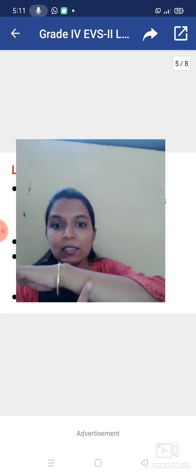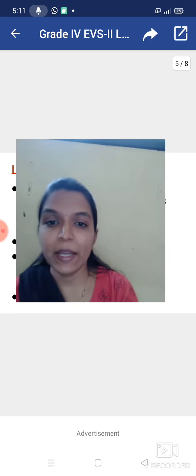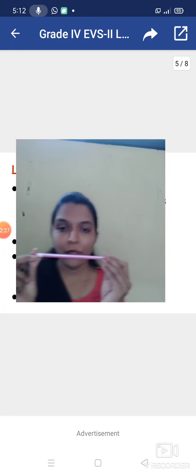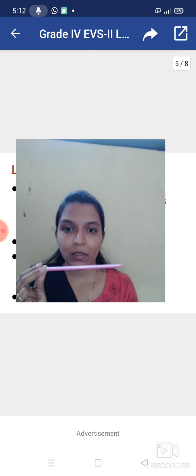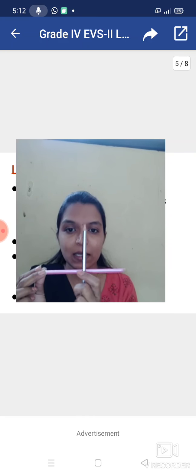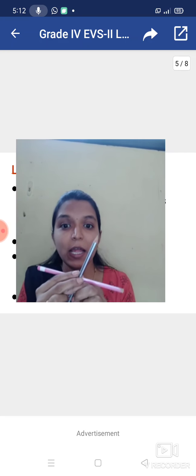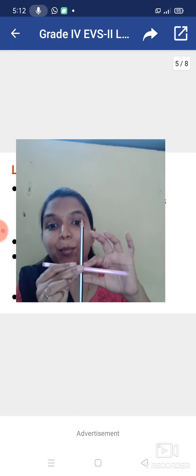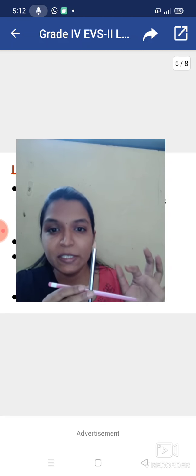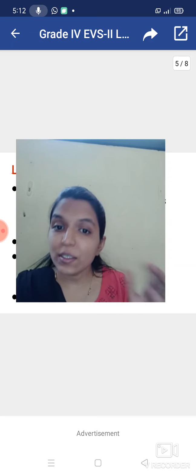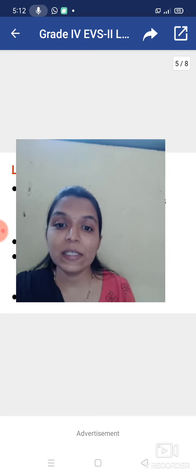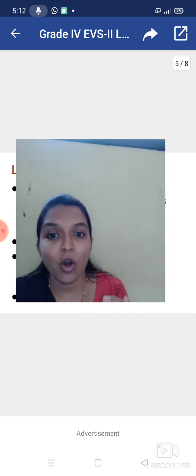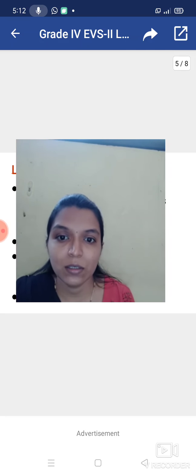Okay. Here there is one point. Wait, I will show you. See, suppose this is a horizontal line, and we are considering these as vertical lines. The point where latitude and longitude cross one another, that point we call coordinates. Now why is it important? Coordinates tell us the perfect place mark of that location.